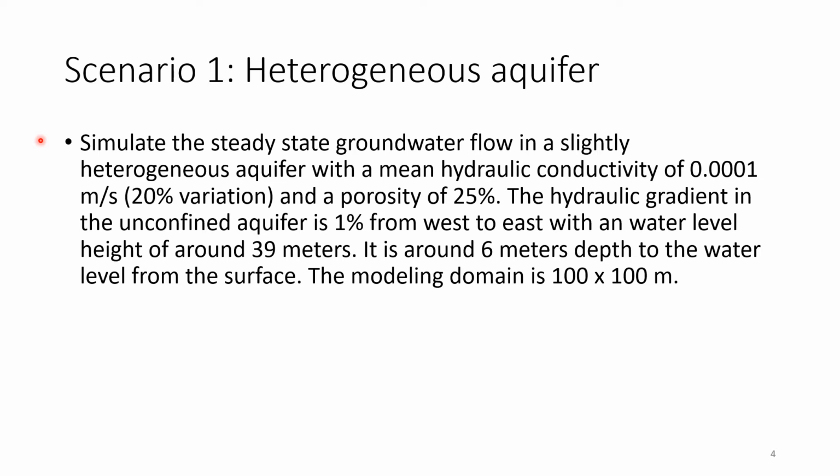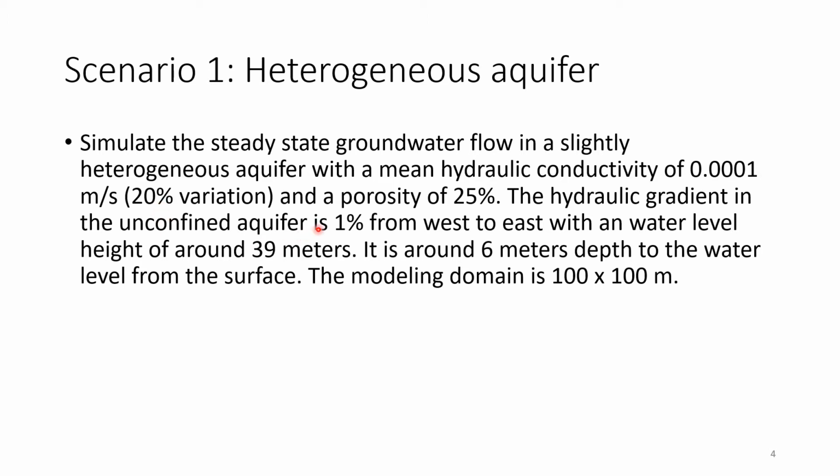It's completely simple. We have a steady-state groundwater flow in a slightly heterogeneous aquifer, with a given mean hydraulic conductivity, a 20% variation of that value, and a porosity of 25%. The hydraulic gradient is 1% from west to east, so we have a flow from left to right.